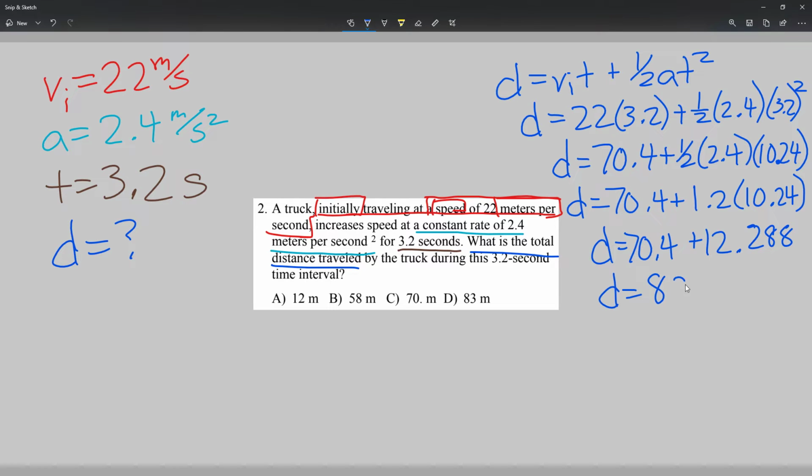And this gives me 82.688. And we round it and we get D. All right, move on. Pause it again if you want to copy down things.